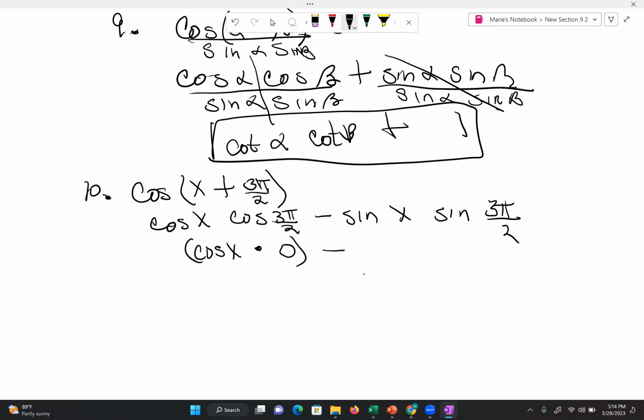Minus, we have sine x, that doesn't change. And this becomes times -1 because it's a 270. Remember, quadrantal angles, I'm referring at 3 pi over 2, I'm referring to the value where we have 0, -1.